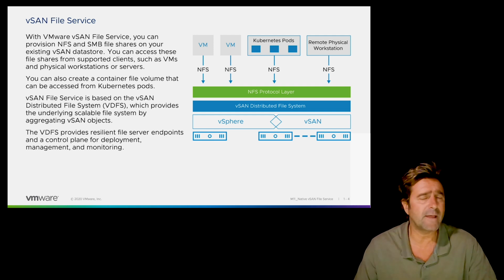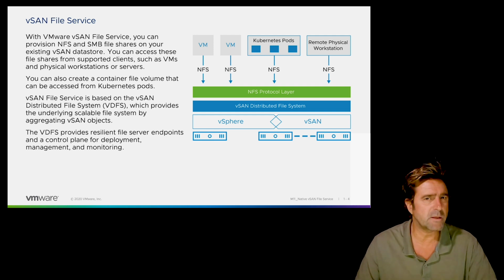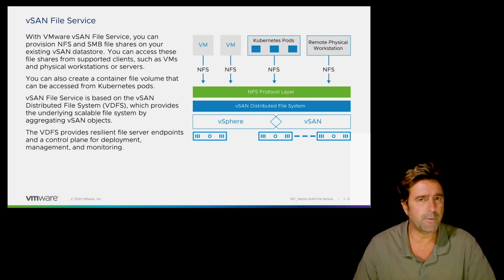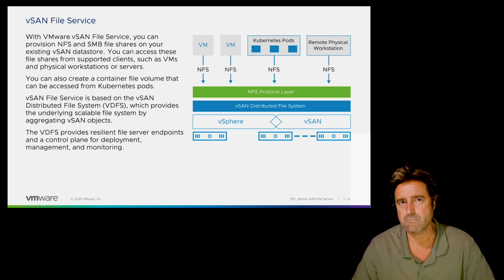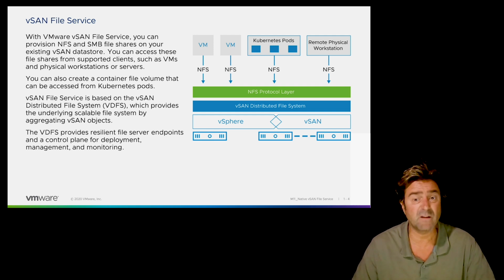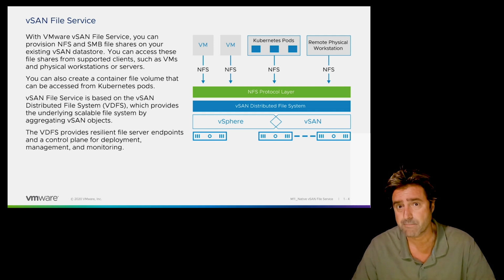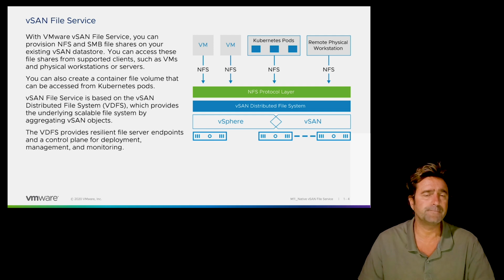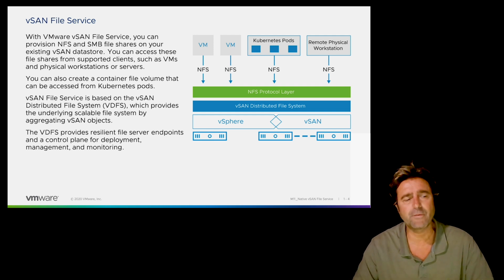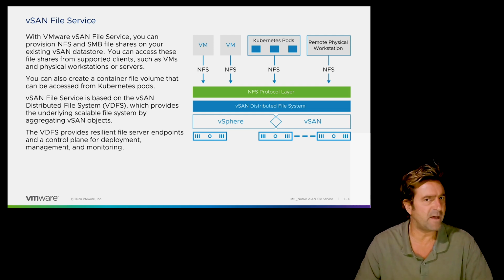Now, when you take a look at the illustration, you can see that the clients could be potentially different types of machines. So notice, for example, in one hand, the client could be some kind of VM using the NFS protocol. Notice it could also be a physical server, or for that matter, again, this could also be used by Kubernetes.